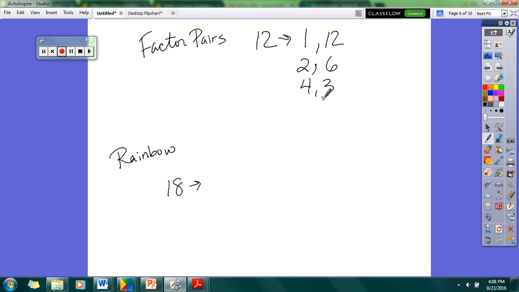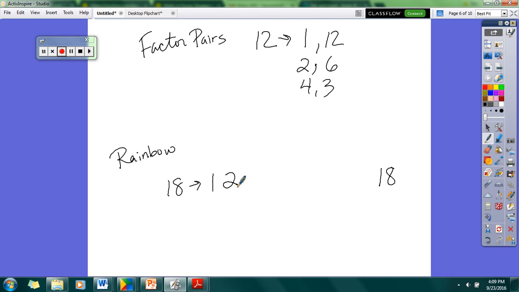Another strategy to figure out all the factor pairs of a number is to use a rainbow method. So I think of the rainbow method as I start at the beginning, so the very first factor of any number is going to be 1, and the very last factor of any number is going to be itself, so 1 and 18. And then I go up from 1 and find its partner. So I say, is 2 a factor of 18? Yes, it is.